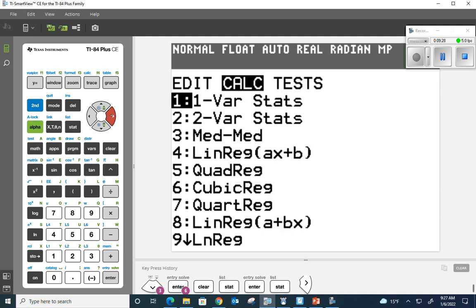And like I said, there's about 10 different regression options in the graphing calculator. But because of finite differences, I know which one to use. I know I need to use cubic.